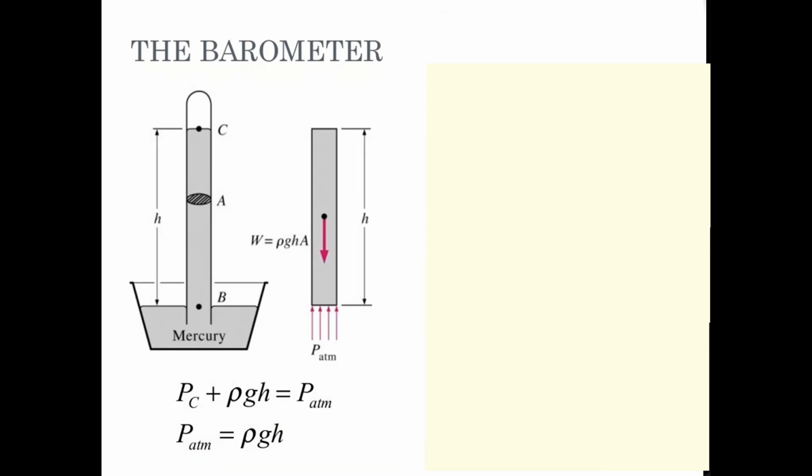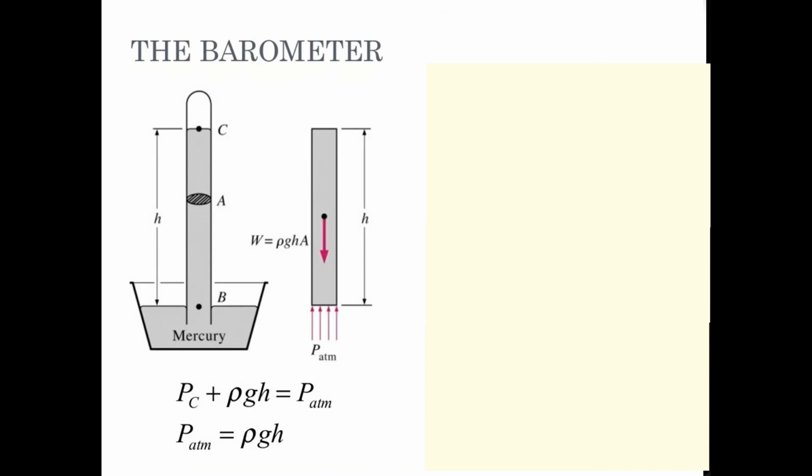So the barometer is another instrument to measure pressure. Again, this was demonstrated a while ago, wherein an inverted test tube is filled with mercury and then inverted into the reservoir. So the fluid element will have the weight equal to rho gH times the cross-sectional area. So the atmospheric pressure is the exposed liquid level.